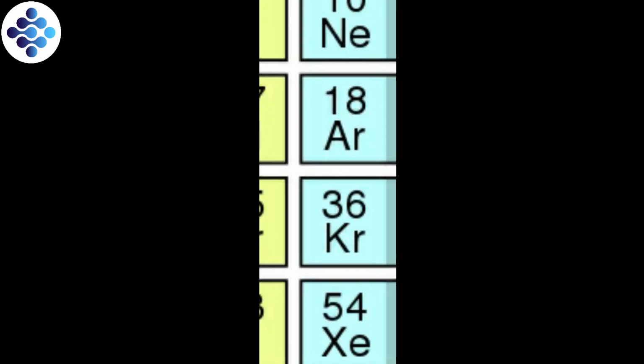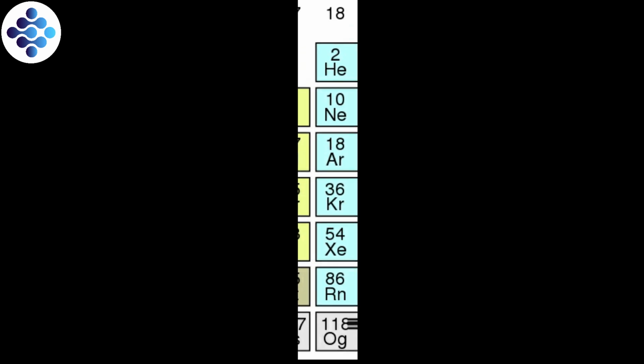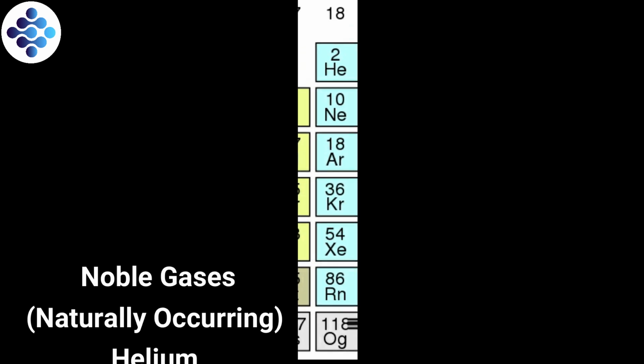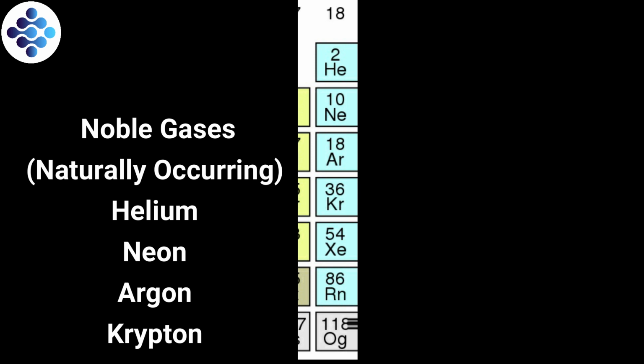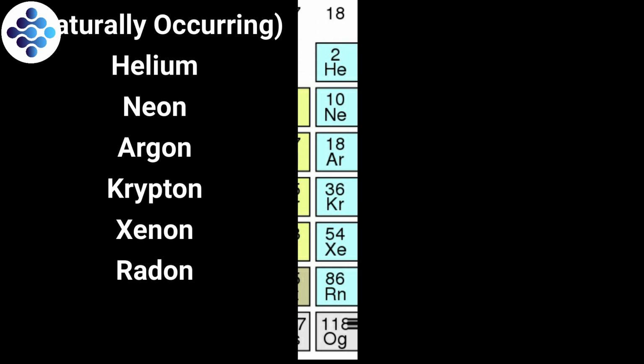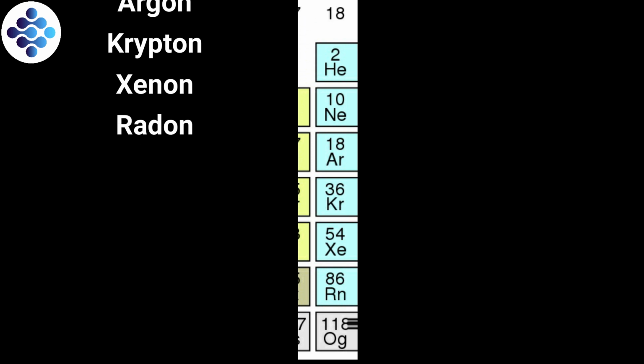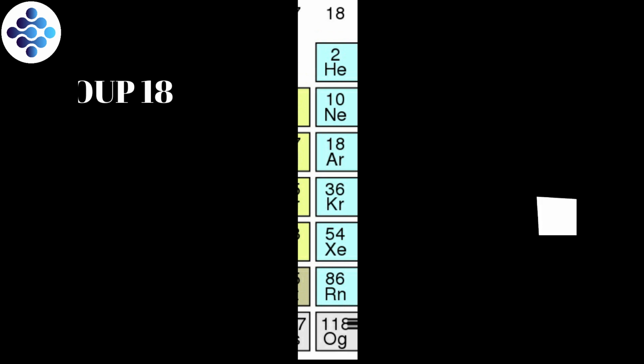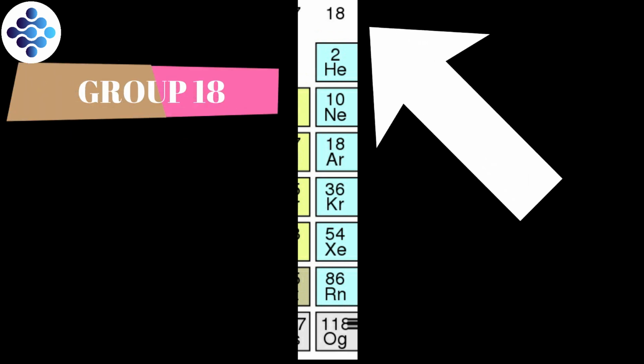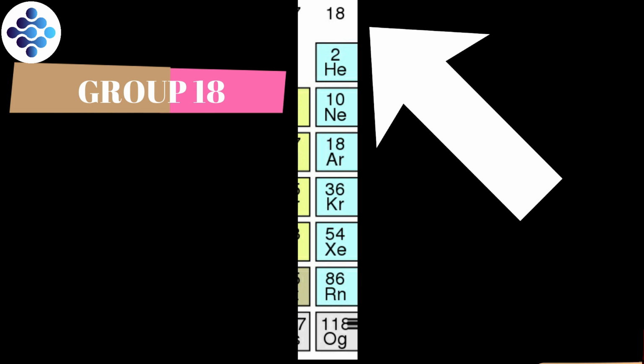The 6 naturally occurring noble gases are helium, neon, argon, krypton, xenon and the radioactive radon. So of the 7 periods of the periodic table, noble gases are exactly the members of group 18.